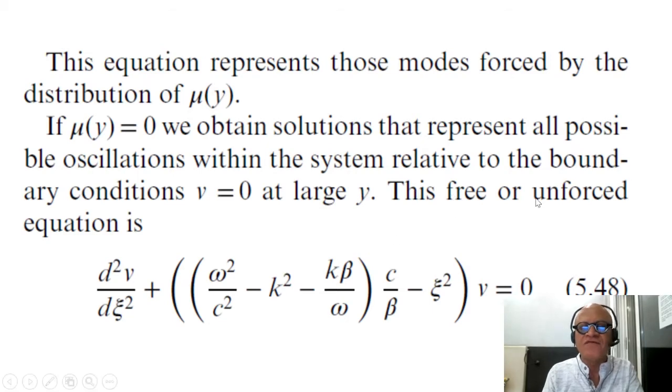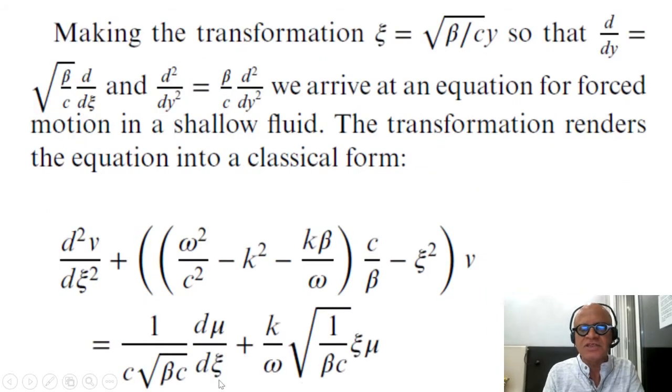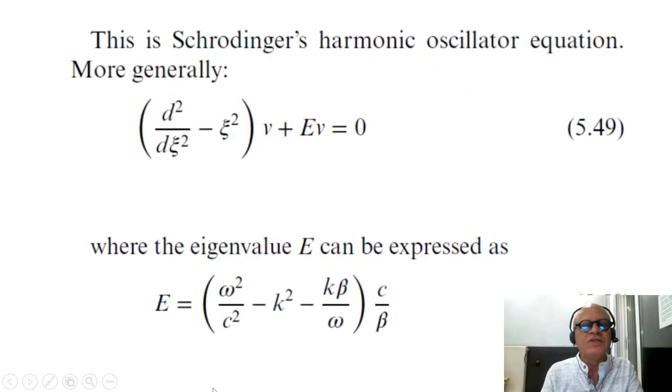Then you get the free or unforced solution of this form with 0 on this side. Basically this term goes to 0. This is what is called a Schrodinger's harmonic oscillator equation.